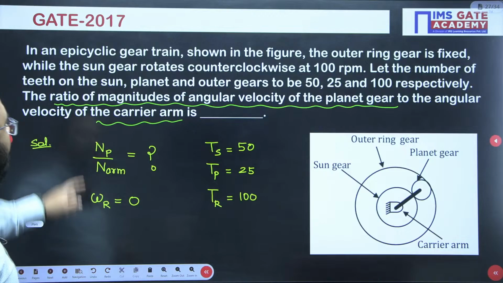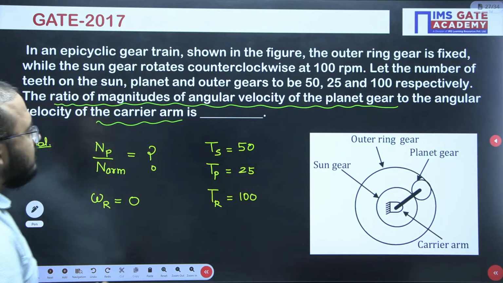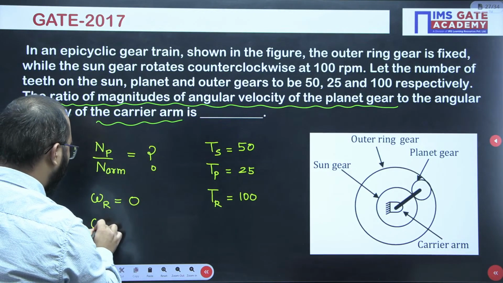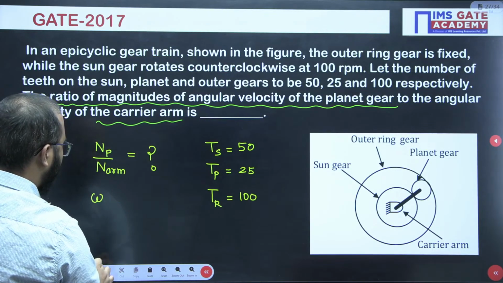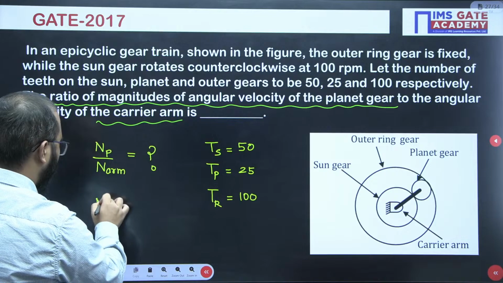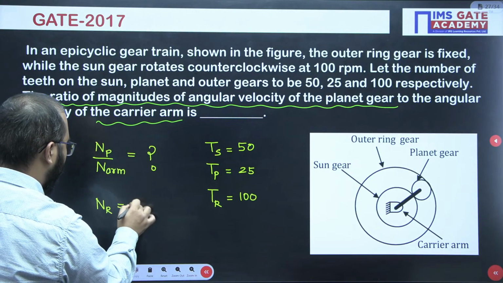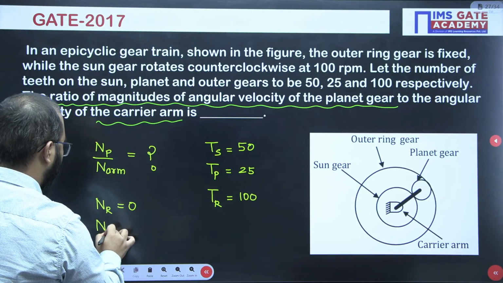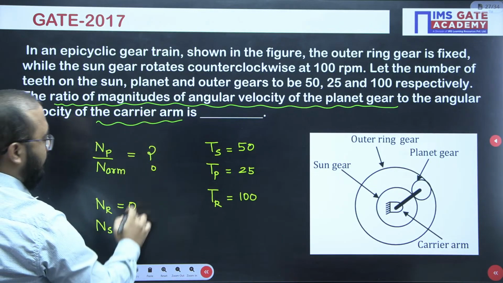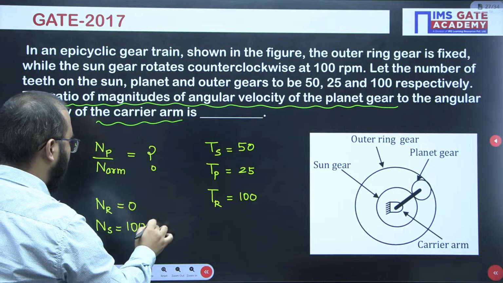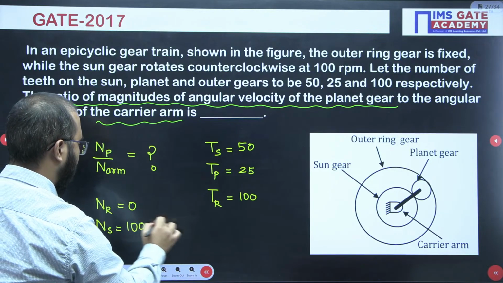And the sun gear rotates counterclockwise at 100 RPM, omega s. In terms of RPM they have given us, so let us write N. NR value is 0. NS value they have given us is 100 RPM counterclockwise.